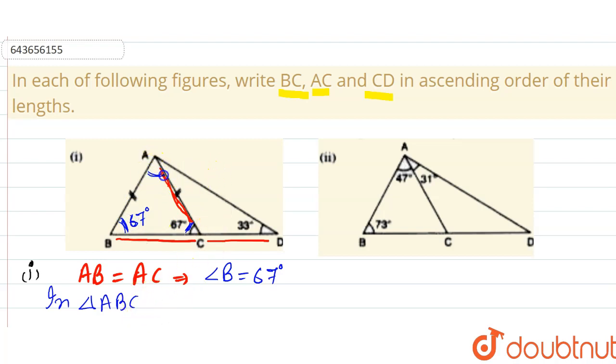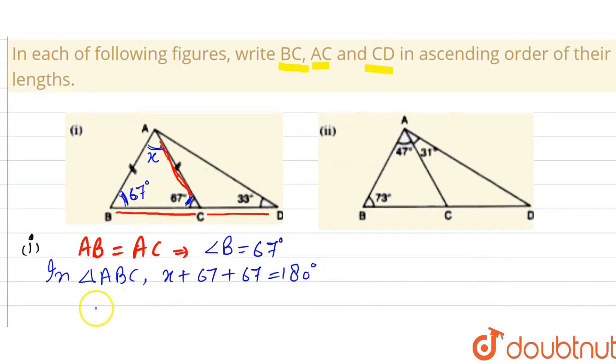For the time being, let this angle be x. So in triangle ABC, x plus 67 plus 67 is total 180. We are using the angle sum property here. So the value of x we get is 180 minus 134, that is 46 degrees.